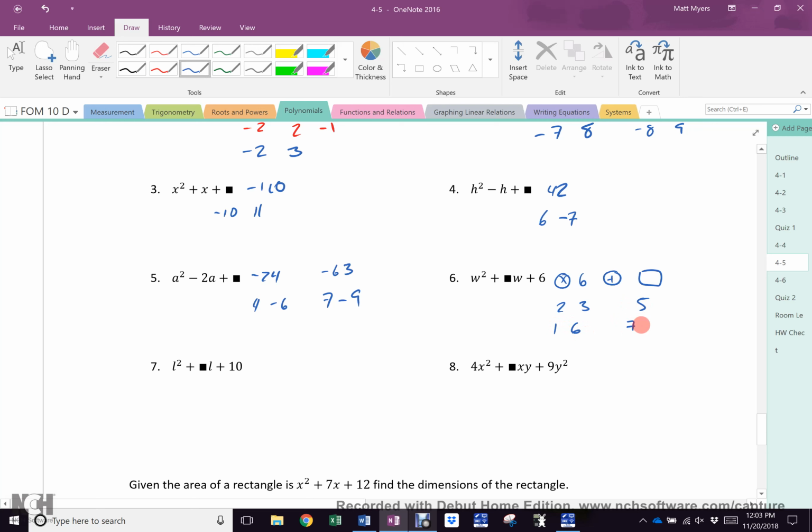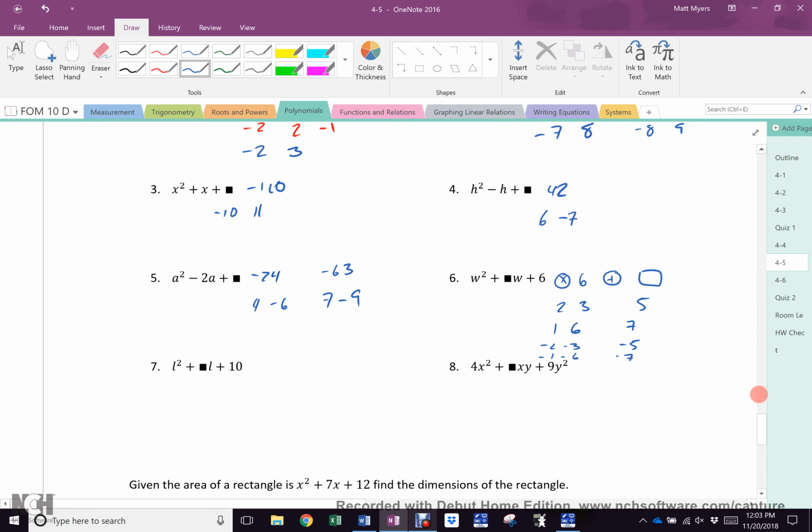Or negative what? Negative 2 and negative 3 and negative 5, and negative 1 and negative 6 and negative 7. How many people remembered the negatives other than Joseph? Nice!